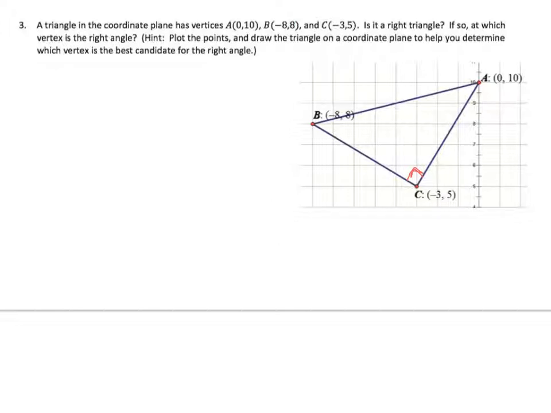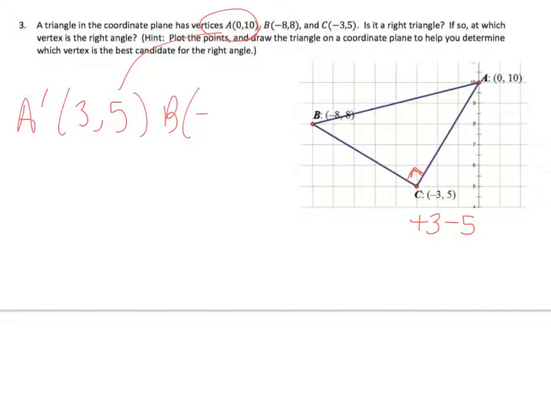So let's map C to the origin. So I'm going to do a +3 and a -5 to everything. So A is going to be +3, -5. B is +3, -5. And that's B prime. And then C prime is going to be 0, 0.